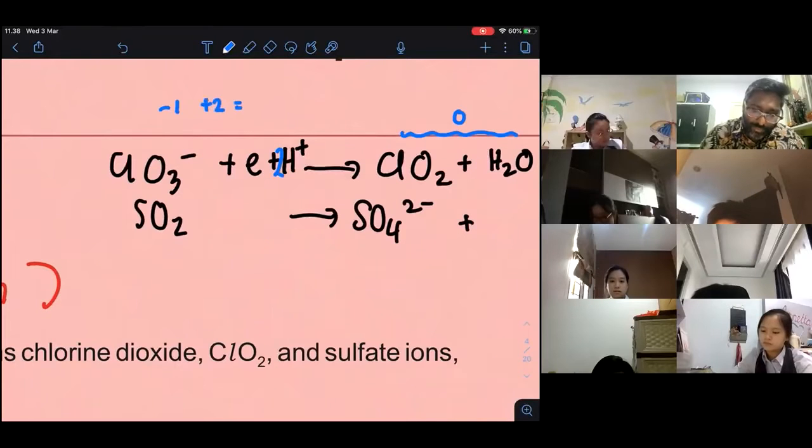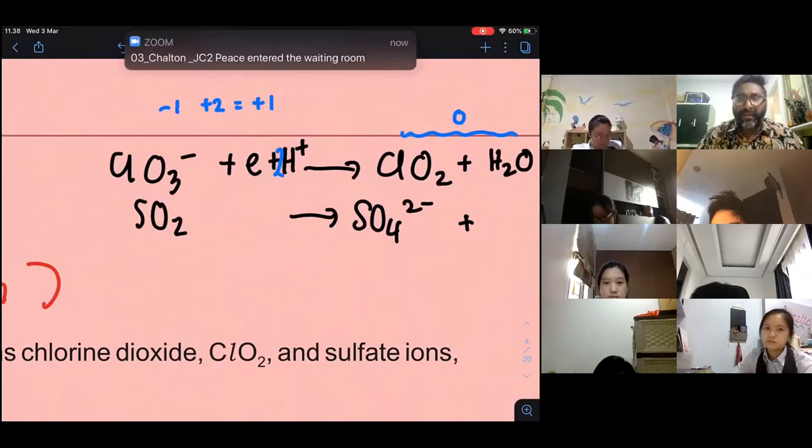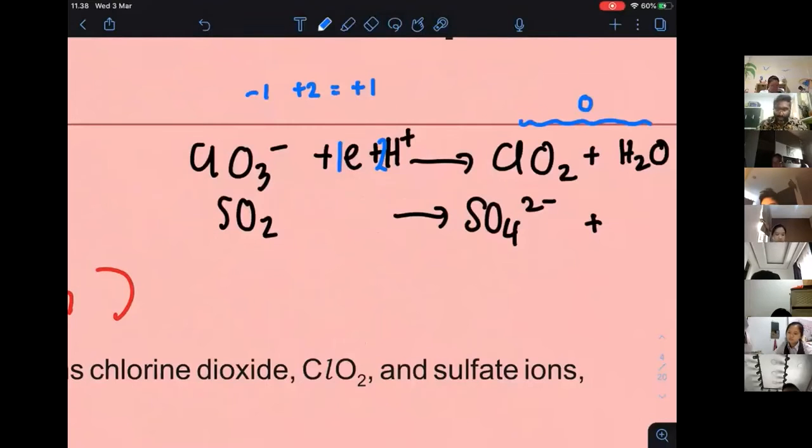So I have a total charge of +1. I want the left and right to have the same charge. So what I need to do is add 1 electron, so that I have +1 plus -1, so that you get 0. So that is how to determine how many electrons to add.